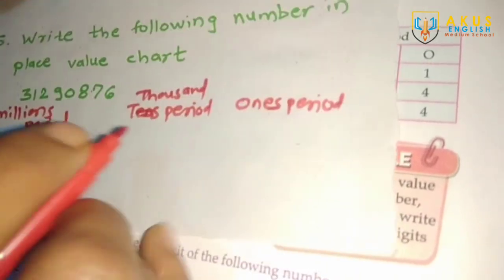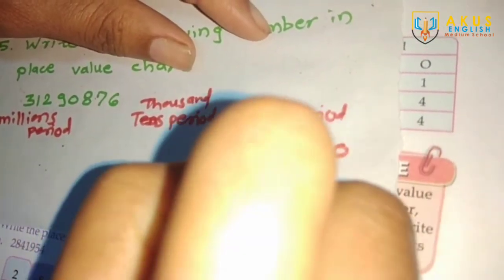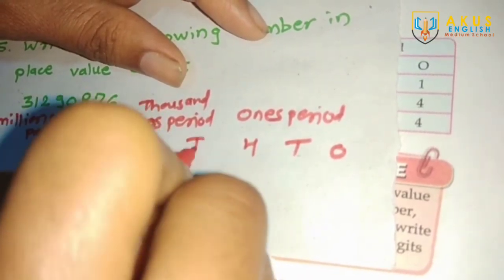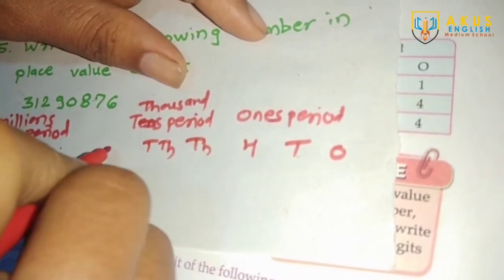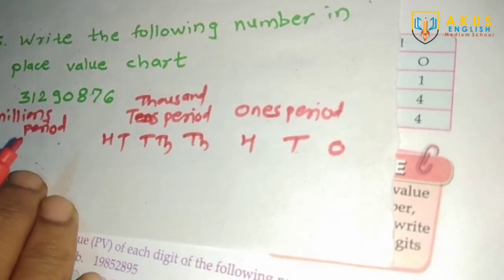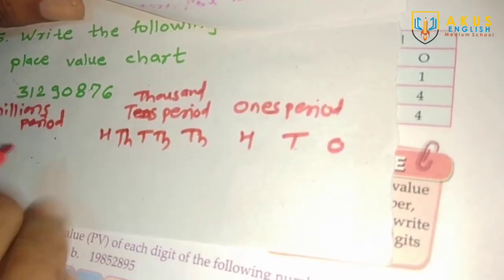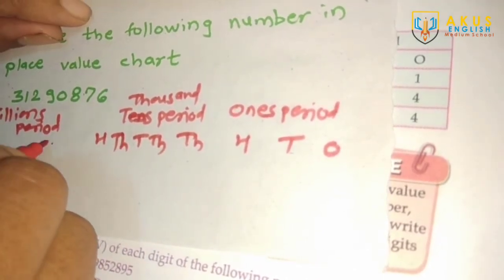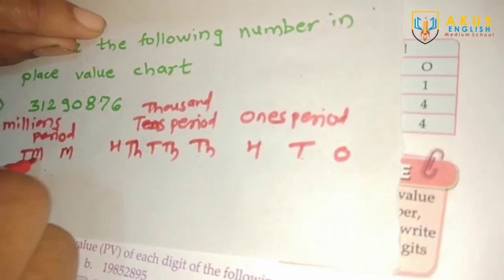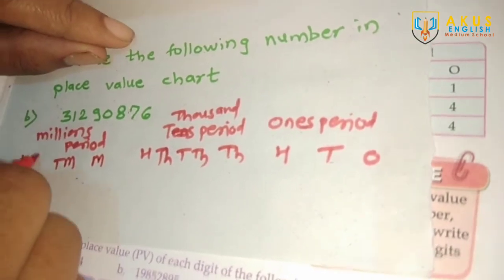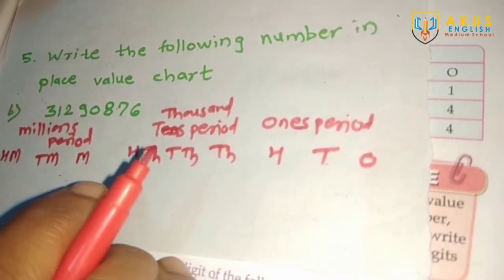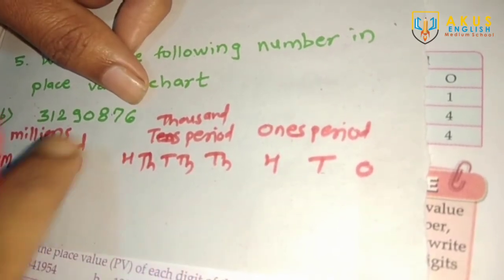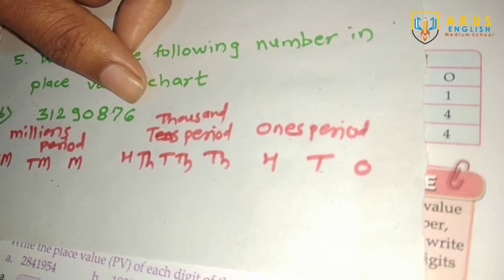In ones period again, ones, tens, 100. In 1000 period, the place of 1000, then 10,000, 100,000. And again in millions, the 3 columns are there: million, 10 million and 100 million. Now simply we have to put these digits in this chart. So we are going to start from right to left.